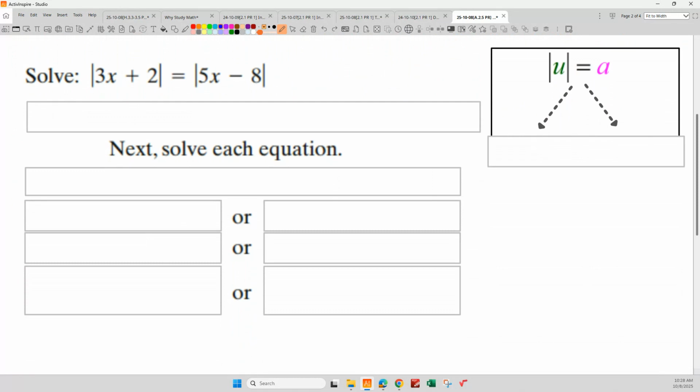Okay, so we're really going to follow the same rules we did yesterday. What's inside the first set of absolute value bars, which is 3x plus 2, is either going to equal the positive of what's inside the second set of absolute value bars, or it's going to equal the negative, the opposite, of what's inside the second set of absolute values, right?